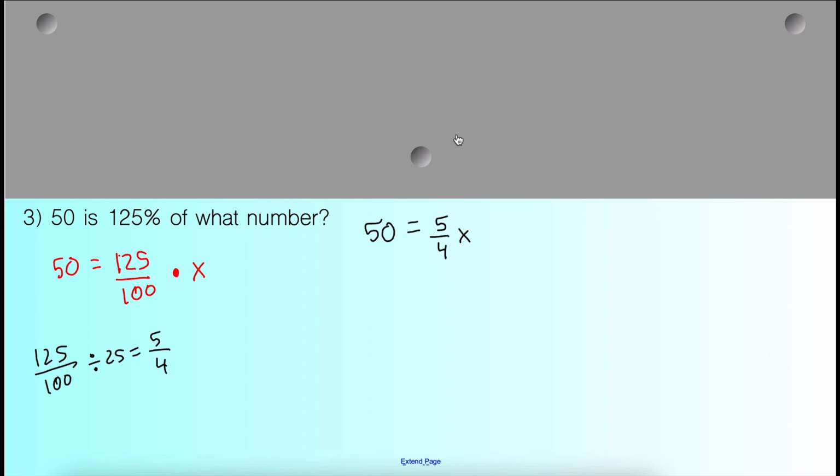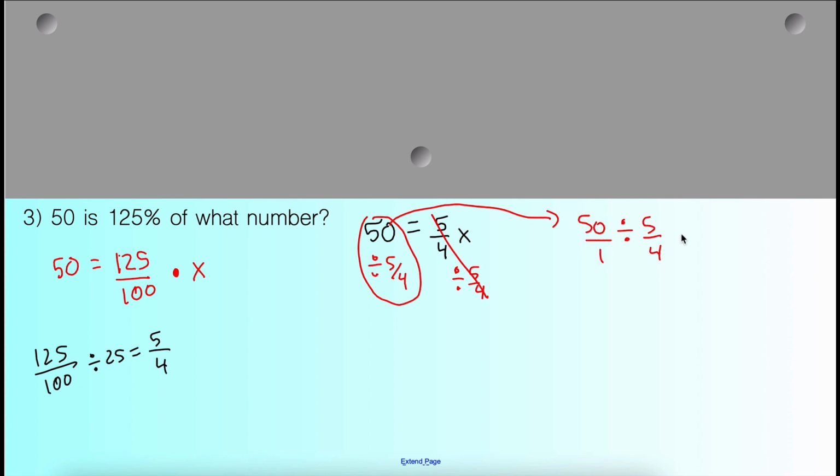And then I'm going to solve this. I'm going to divide by 5/4. Whatever you do on one side, you do it on the other. And I'm going to rewrite this division problem over here and solve it. 50 divided by 5/4, which is the same as 50 times 4 over 5.